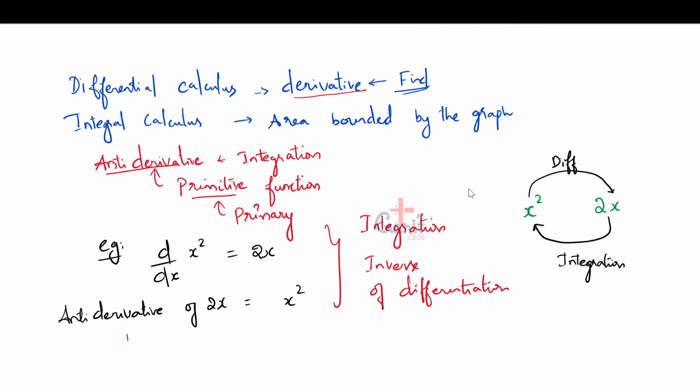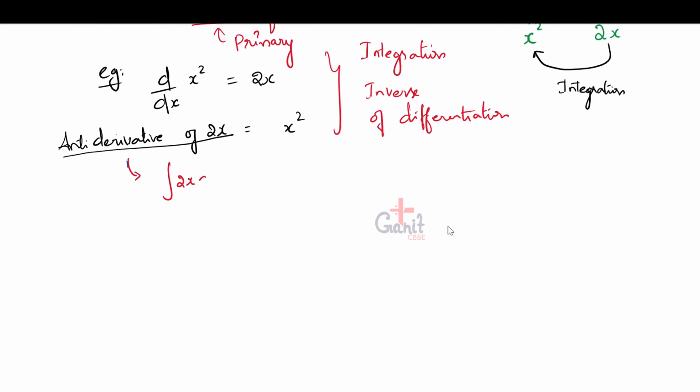So I can represent this, instead of writing the antiderivative of 2x, as a standard form: integral of 2x dx is equal to x square plus c. We'll talk about all the new things here.